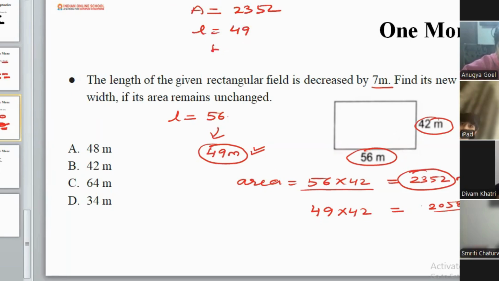How to figure out the breadth? We will do area divided by length. Then we get 48 meters. Yes, that would be the measurement of the breadth.